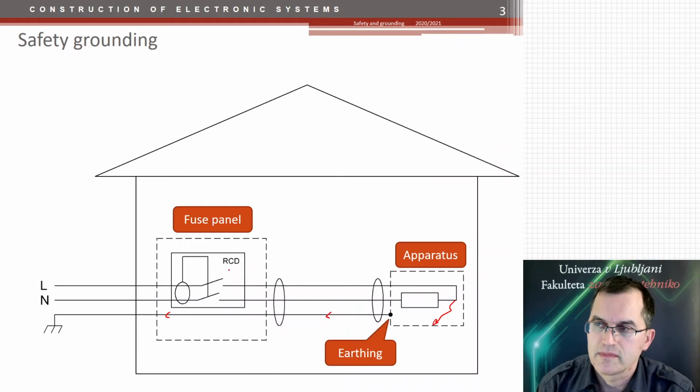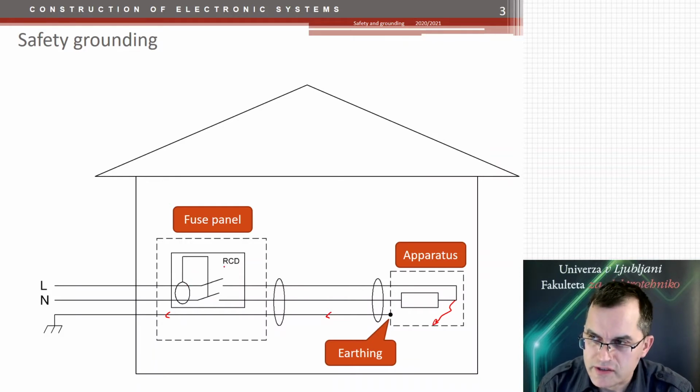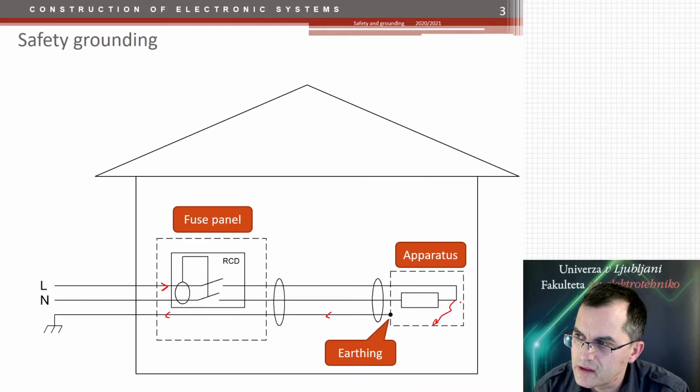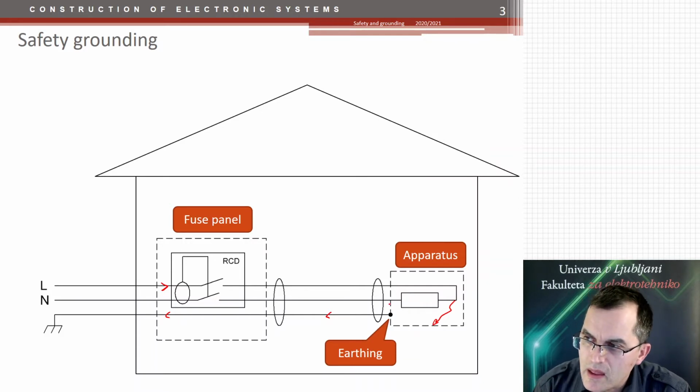What is that? It's a device, a safety switch called RCD, that measures the current that flows through it, and if this current is different than zero, then it will switch off. So usually if there is no connection to the earth, then the current that flows through the line terminal and then flows through the load in the apparatus, let's say this is a heater or a wash machine or whatever, the current then flows back as a differential current and the net current is zero.